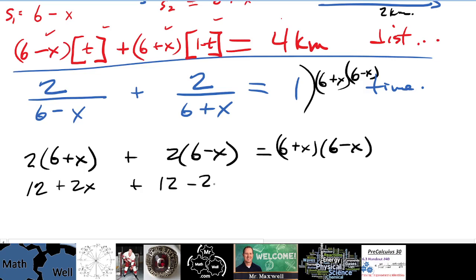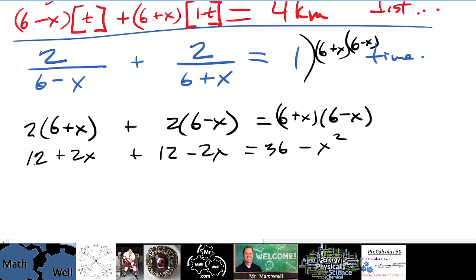12 minus 2x equals 36 minus x squared. That's going to be a difference of squares there. All right. So 12 and 12 is going to be 24, plus, oh, those x's are gone, looks like. Is that right? Yep. So 24, I'm going to subtract the 36 from both sides.